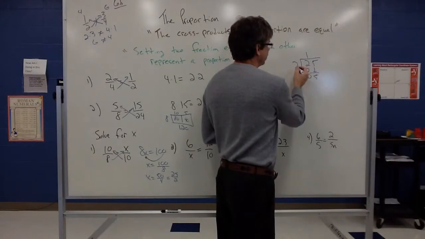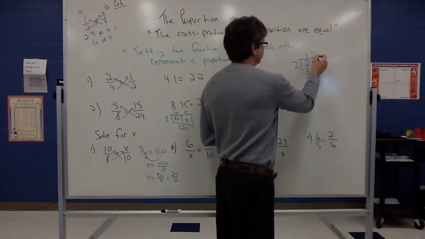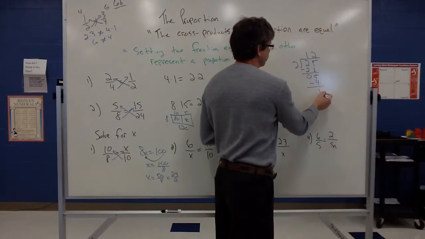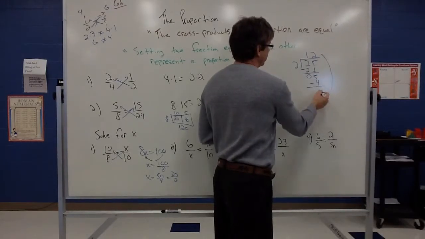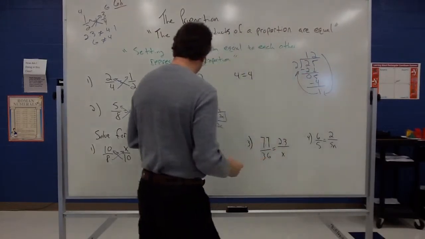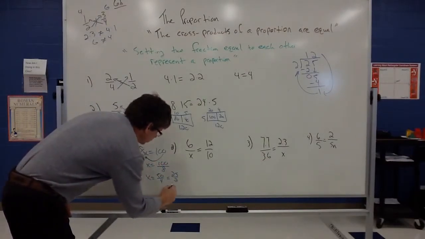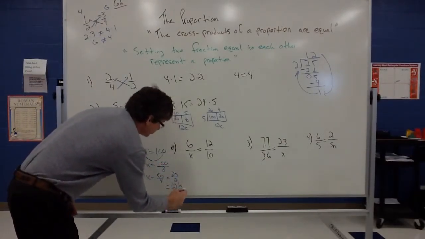The 5 slides down. 2 goes into 5 twice. 2 times 2 is 4. 5 minus 4 is 1. So I could say 12 and a half. So your answer could be 25 halves, or you could say 12 and a half.